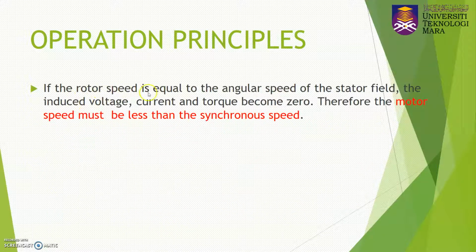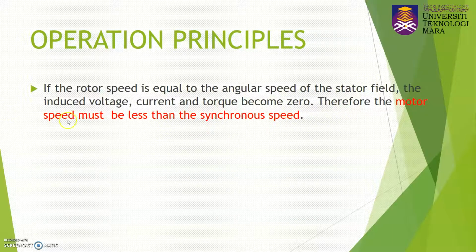If the rotor speed is equal to the angular speed of the stator field, that is, when NR is equal to NS, the induced voltage, the current, and also the torque will become zero. That's why we must make sure the motor speed, NR, is less than the synchronous speed, which is the speed of the stator field.